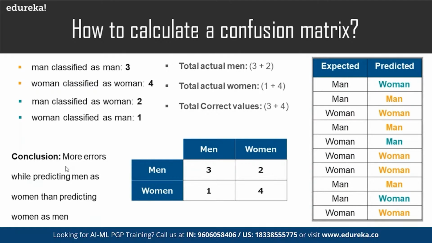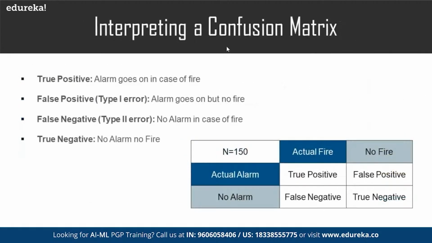As per the given values, the conclusion is more errors while predicting men as women than predicting women as men. It's just an example, so let's not consider it much now. All you need to know is what the confusion matrix is and how we interpret it. That is how we comprehend it.